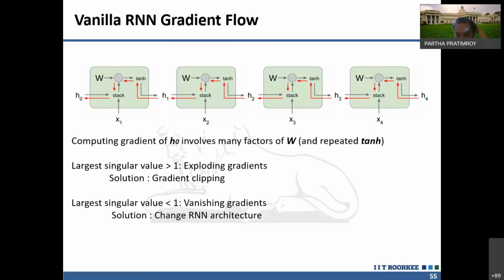Similarly, if you have some large numbers, you fix a value, say 50 or 100, and if the value is more than that, you ignore the other part of that number. That is called gradient clipping.